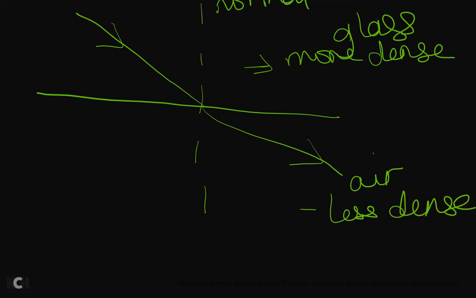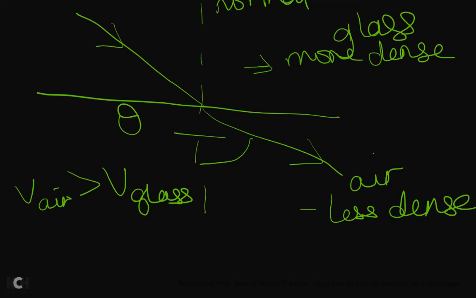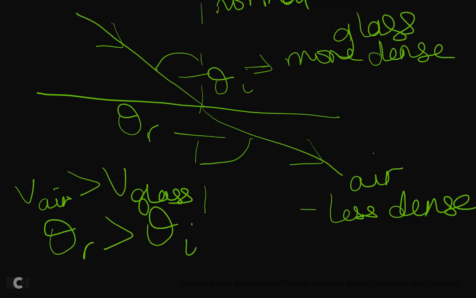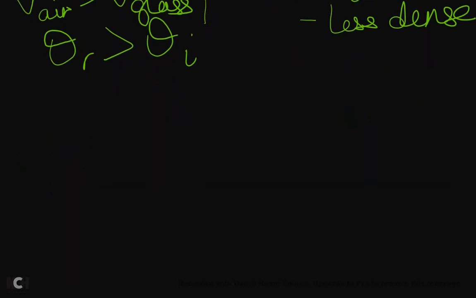So when the ray passes into air, it is going to move faster. The velocity in air is greater than the velocity in glass. So the ray refracts away from the normal, and the angle of refraction is greater than the angle of incidence.